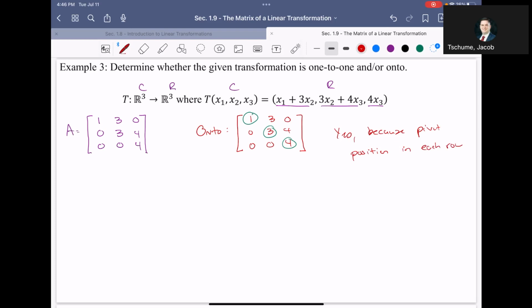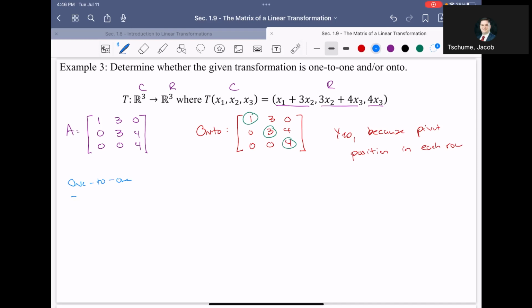The second thing we have to talk about is one-to-one. Unfortunately, none of our shortcuts apply here. Reviewing those shortcuts: there are more than 2 columns, so you can't use the multiples rule. There is not the 0 vector, so we can't use that rule. And there are not more vectors than entries, so we can't use that rule.